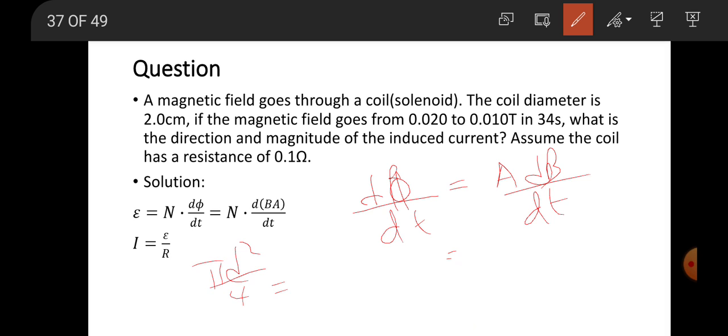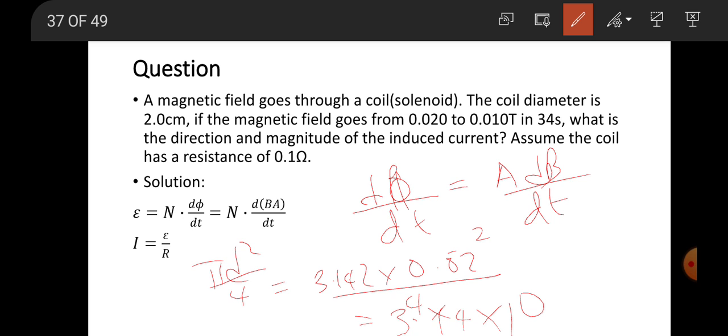So that is 3.142 times d, which is 0.02, the diameter of 2 centimeters, squared, divided by 4. That will give us 3.14 times 10 to the power minus 4.